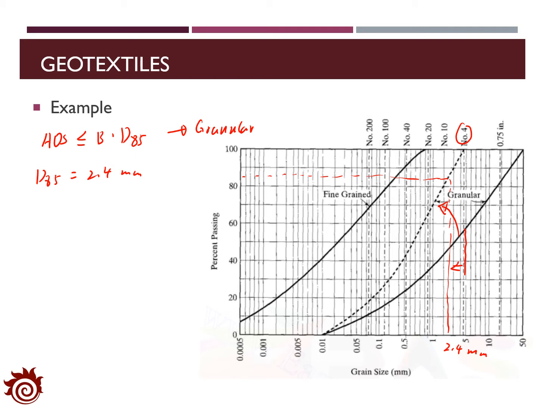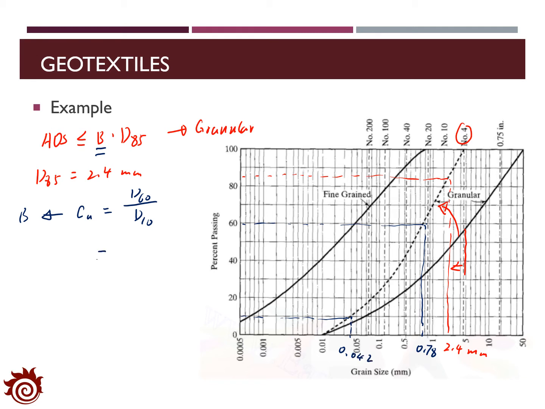And then for the constant B here, B is actually determined by the coefficient of uniformity, capital CU, and CU is D60 over D10. From the grain size distribution, we can find the D60 as 0.78, and for D10, it's 0.042.